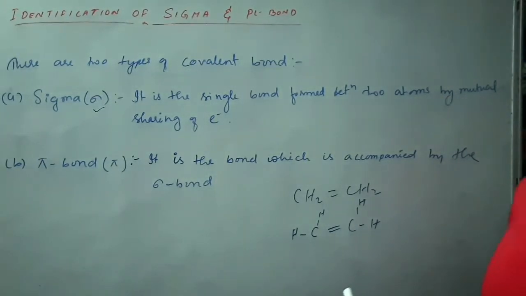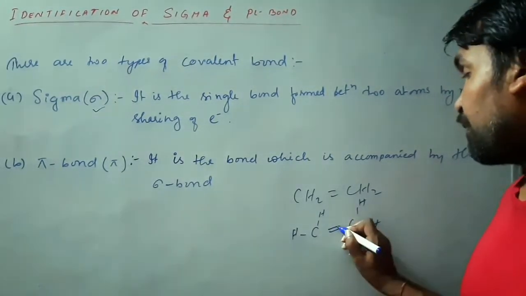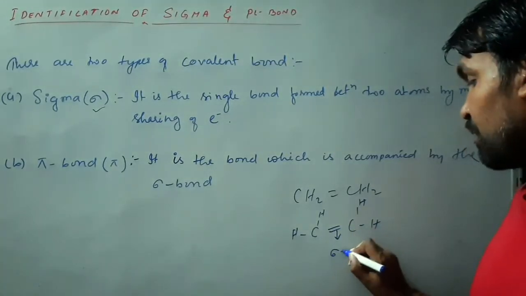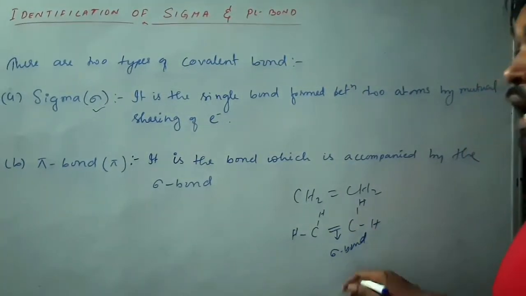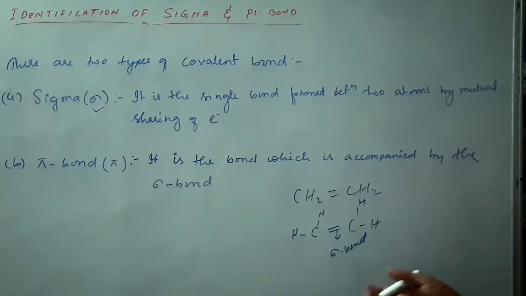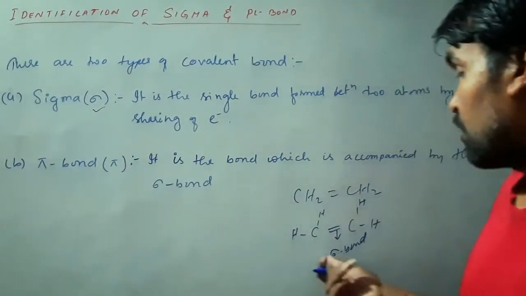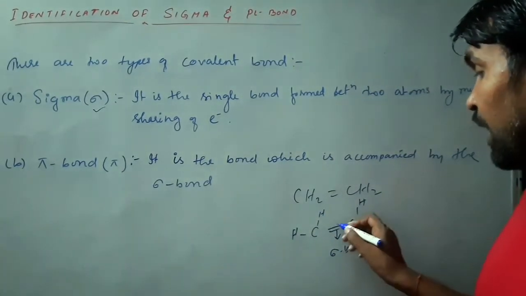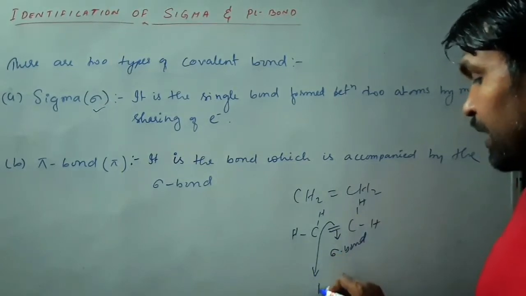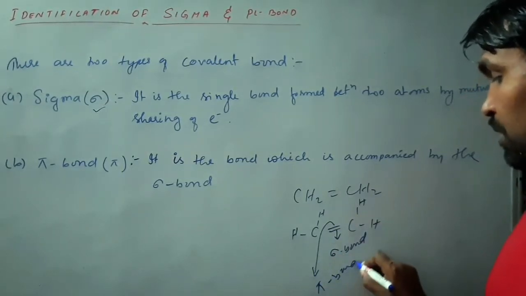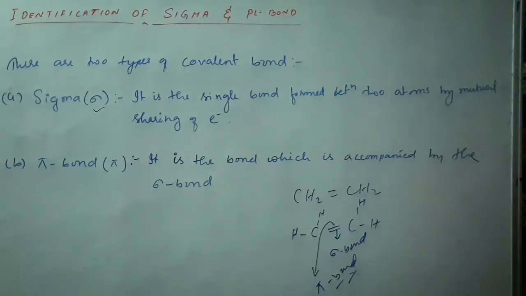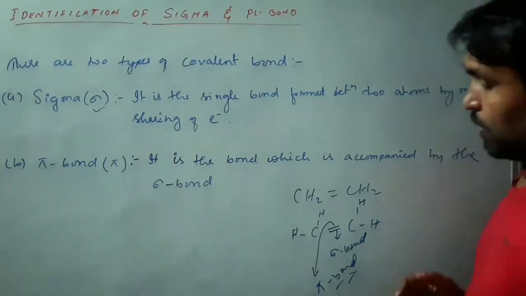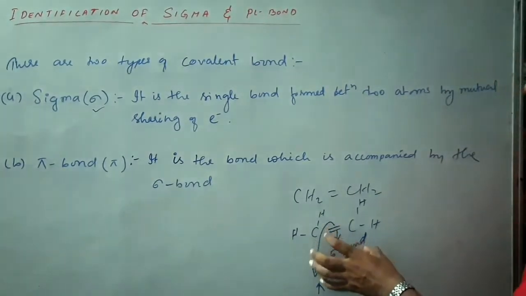In this double bond, dear students, remember the first one will be a sigma bond. As I told you, a pi bond is accompanied by a sigma bond. So the first one will be called a sigma bond and the second one will be called a pi bond.